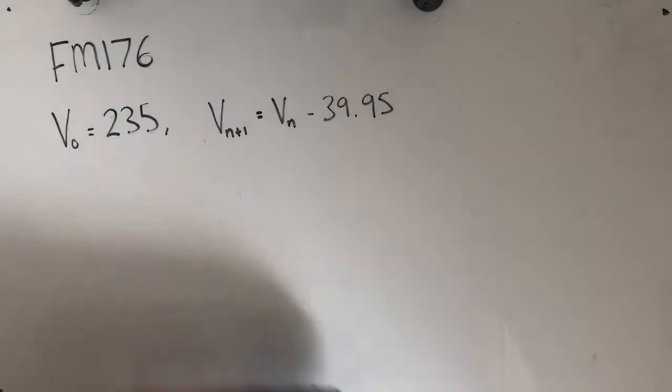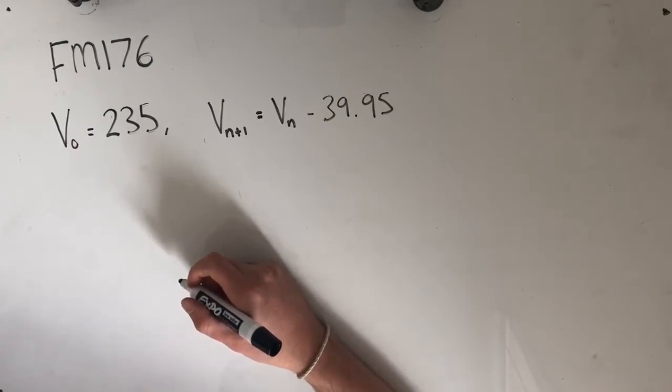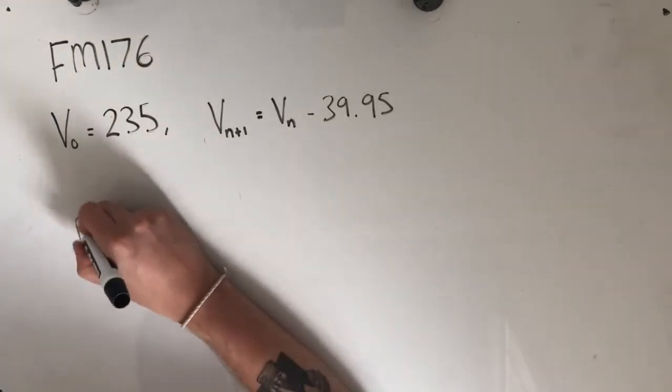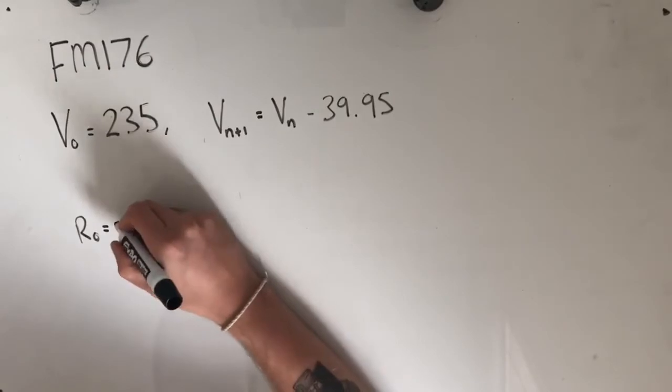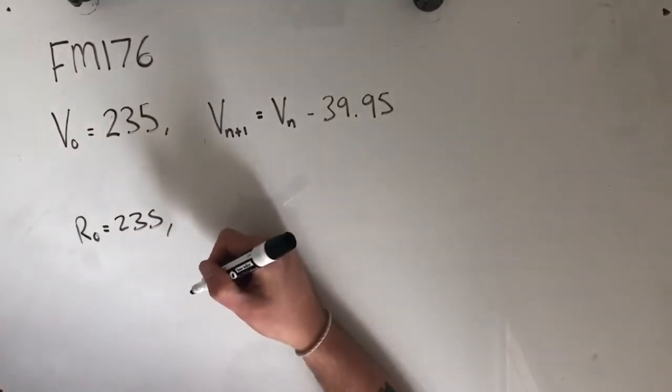Cool, that's part B. We're then given another piece of information that says the value of John's roller skates could also be depreciated using the reducing balance method of depreciation. The value of the roller skates in dollars Rn after n years can be modeled by the recurrence relation shown below. And then we're given R0 is equal to 235. So the initial value is still 235 like it was before.